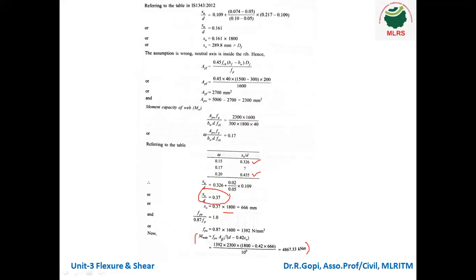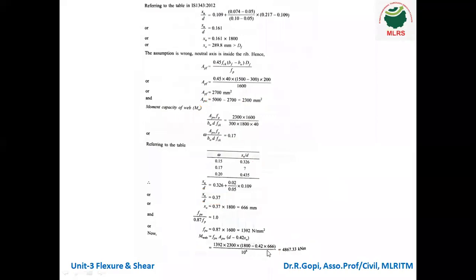Don't put APW as 500, APW we found is 2300 only. D minus 0.42 XU, XU is 666 mm. Finally we got 4867.33 kilonewton meter. This is the answer.